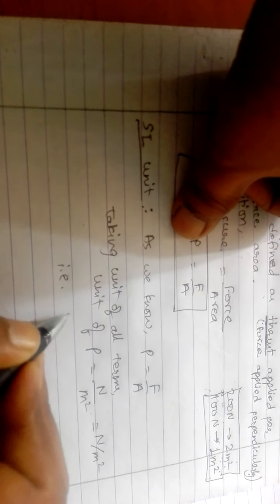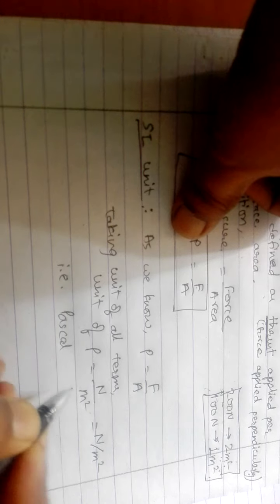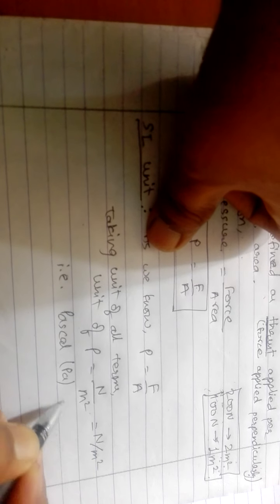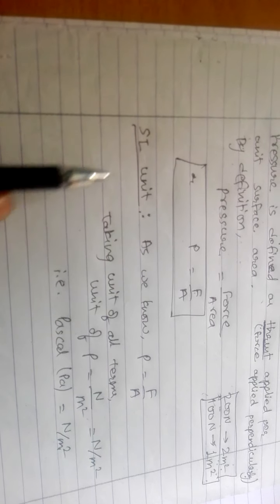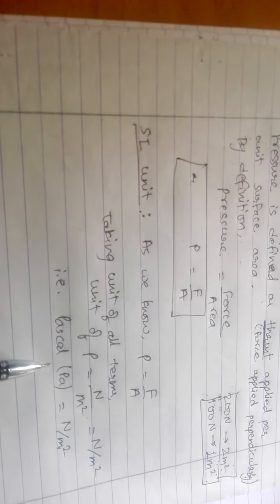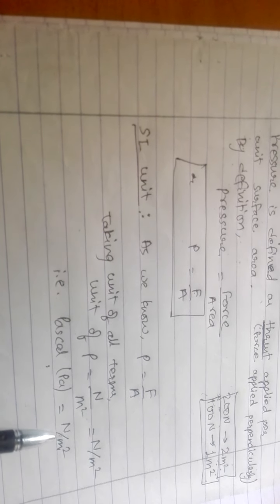So it is Newton per meter square. This unit, Newton per meter square, has been given a peculiar name, Pascal, in honor of the scientist Blaise Pascal. So we say the SI unit of pressure is Pascal, which consists of Newton per meter square.